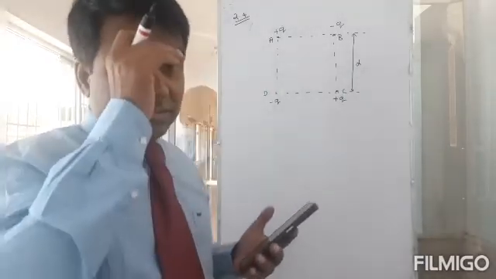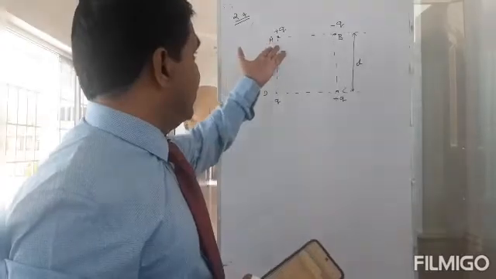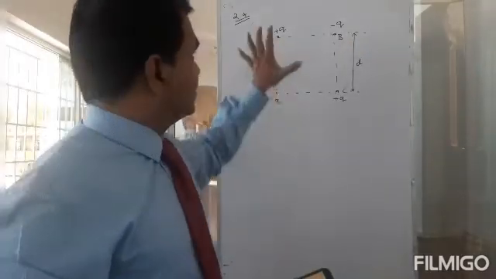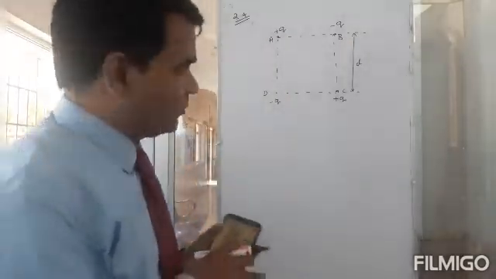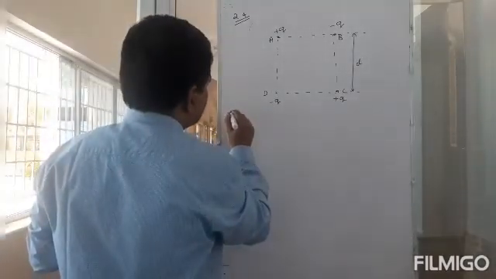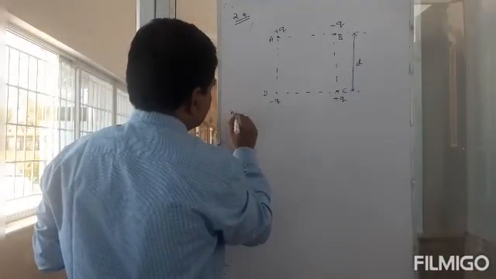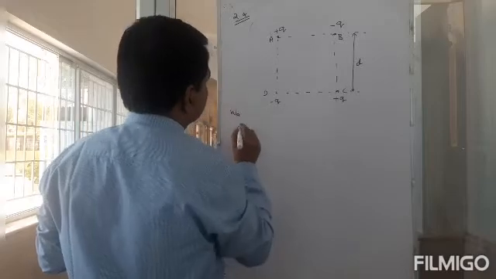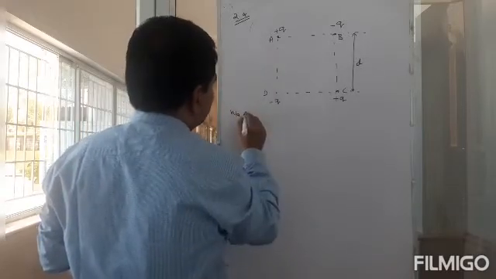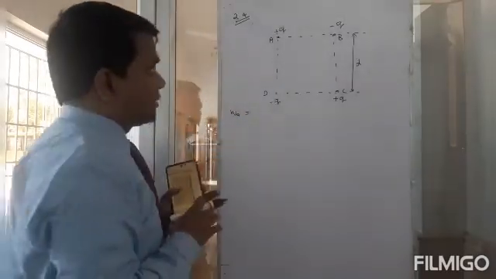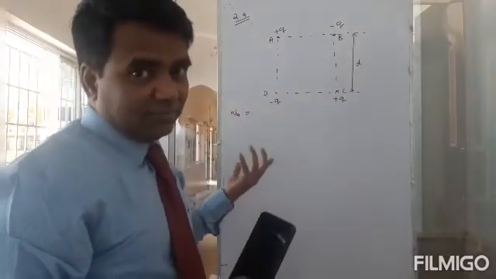So that's easy. I can start with any charge, and let me start with A. Okay. So what is the work I require to do to bring a plus Q to A? Nothing. Why?